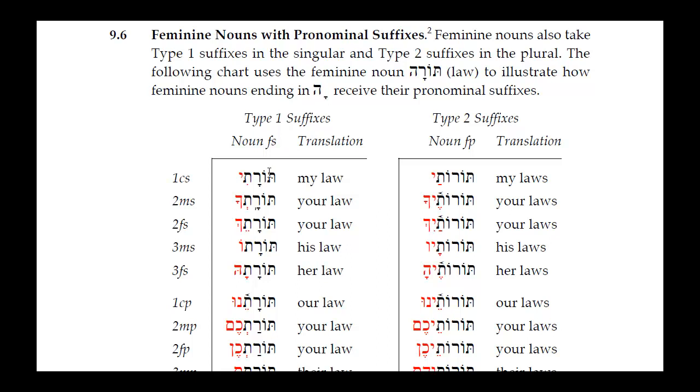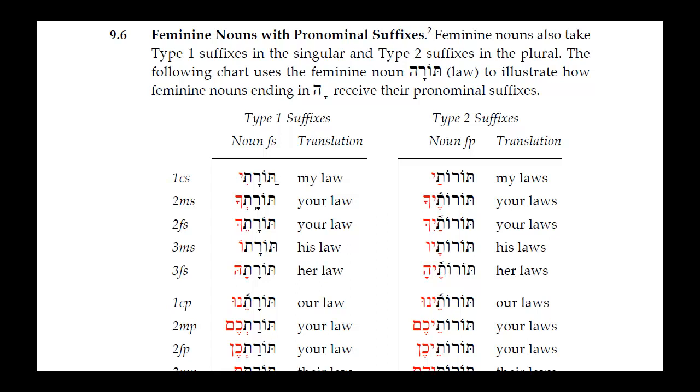When we add a pronominal suffix to a feminine noun that has qamets hey, the hey drops off the noun and it is replaced with a tav. So we have torat.